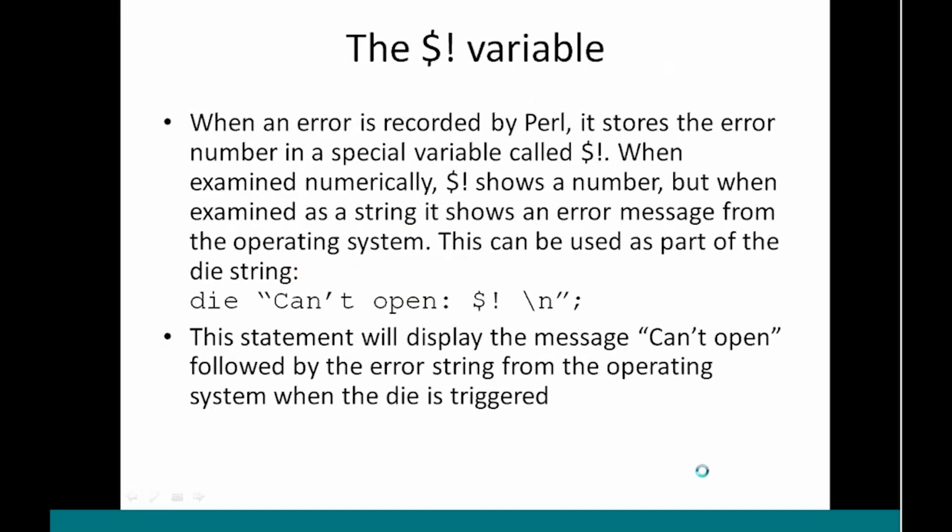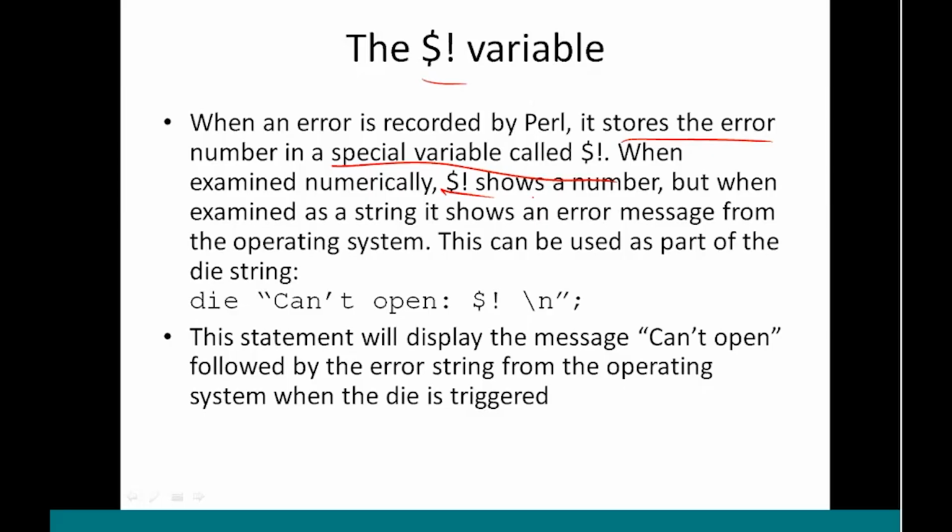Now I want to introduce you to a new variable which is $!. When an error gets recorded by Perl, that error gets stored in a special variable called $!. When it is examined numerically, $! shows a number, but if you are examining it as a string, it shows the error message from the operating system.